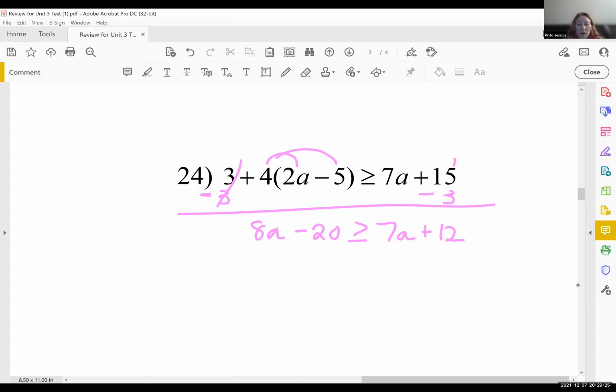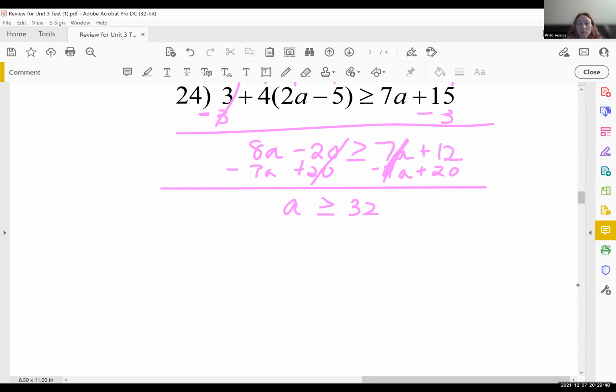So I see that there are more a's here on the left, so minus 7a. So if this is where the a's are going to be, I need to get rid of the 20. So that's a greater than or equal to 32.